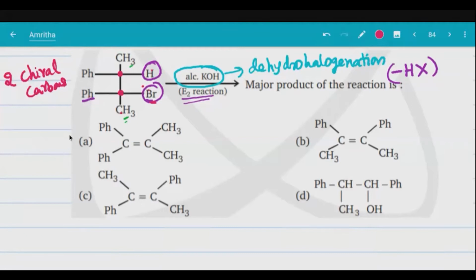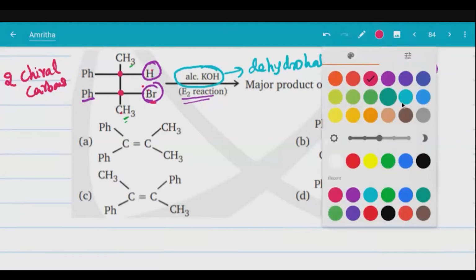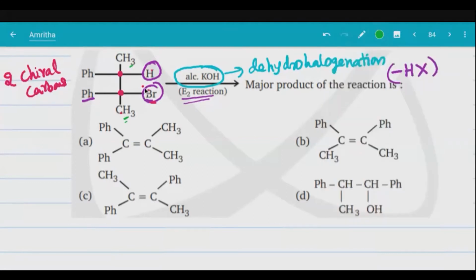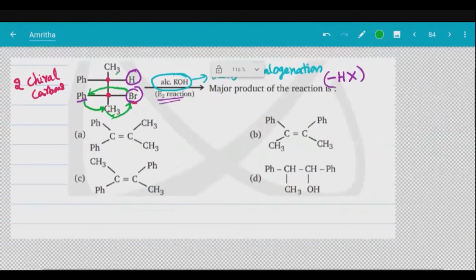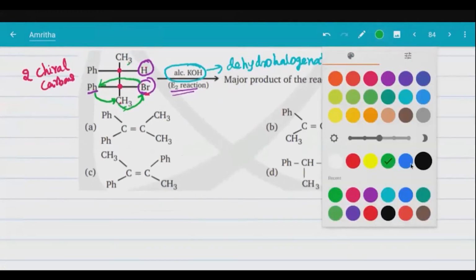But how do we do that? Do a complete rotation here. What is complete rotation? This is a simple trick. Br you bring here, Ph bring here, CH3. I'll write this configuration without changing the configuration.